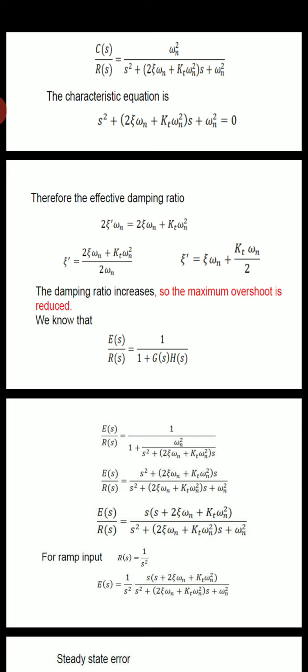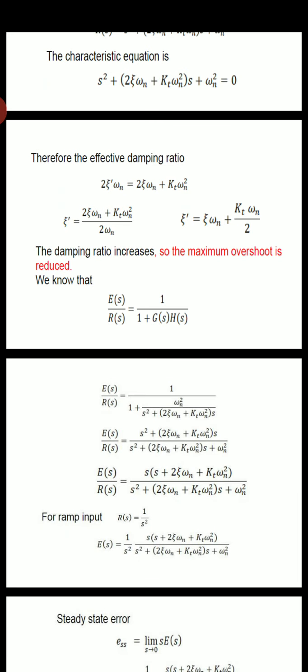Substitute the value of G(s) and take the LCM. After calculating, you will get s square plus (2 zeta omega n plus Kt omega n square) into s, divided by s square plus open bracket 2 zeta omega n plus Kt into omega n square close bracket s plus omega n square. This is the equation you will get after solving.